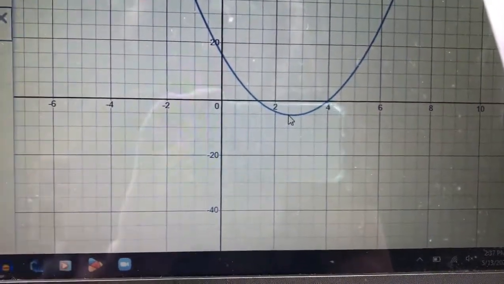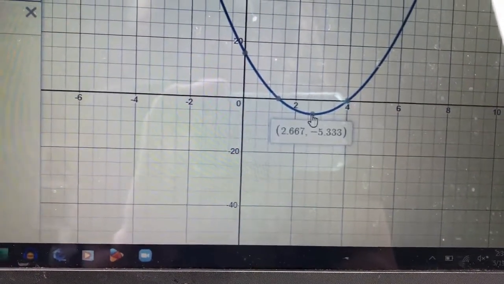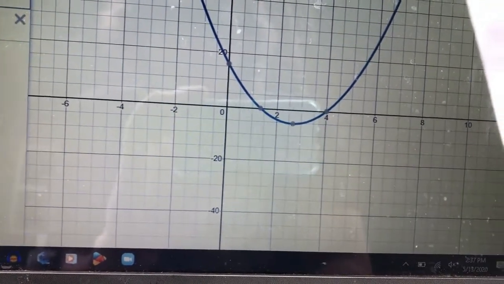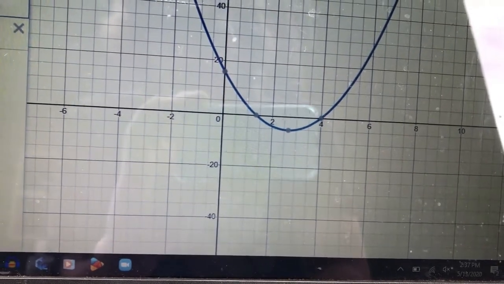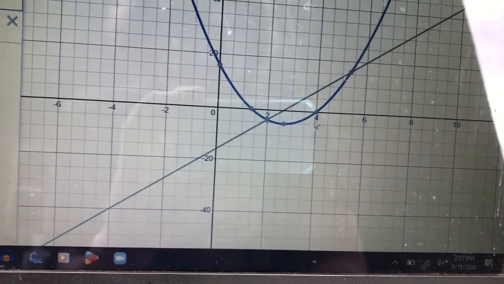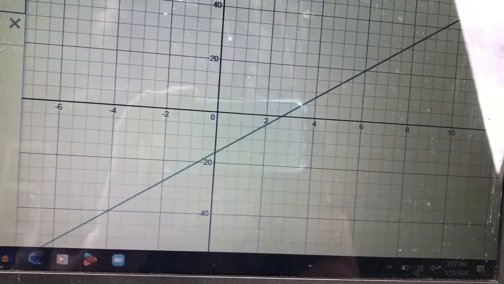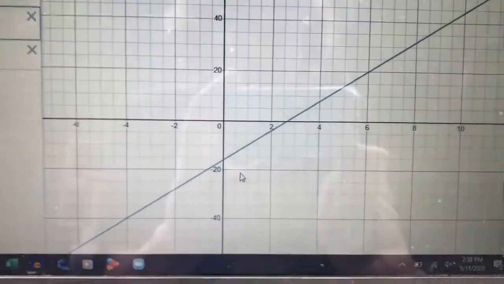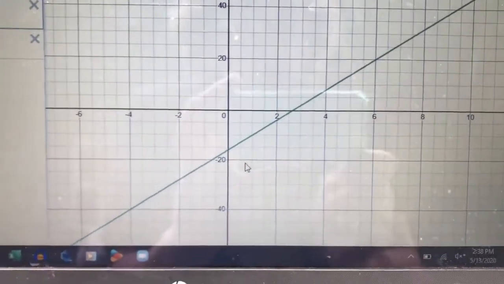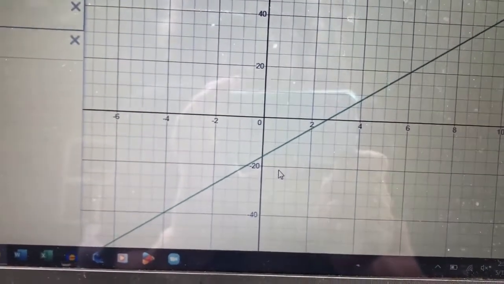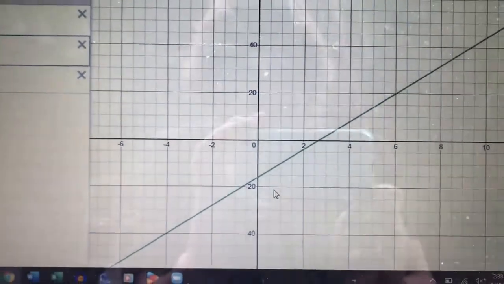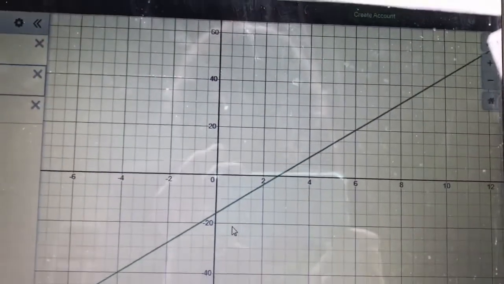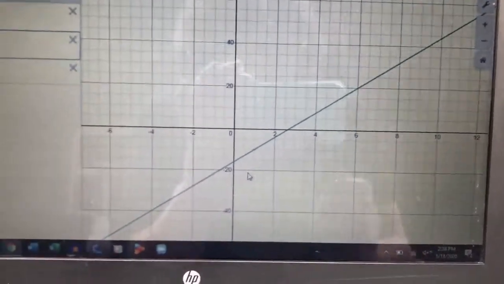So at this point, the vertex of the velocity function, the acceleration is 0. And past that point, acceleration begins to speed up. So, since the slope of the acceleration line is positive, I imagine the acceleration is always increasing, because that's what it kind of looks like.